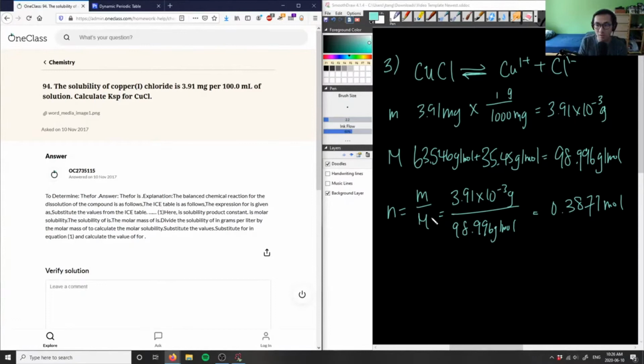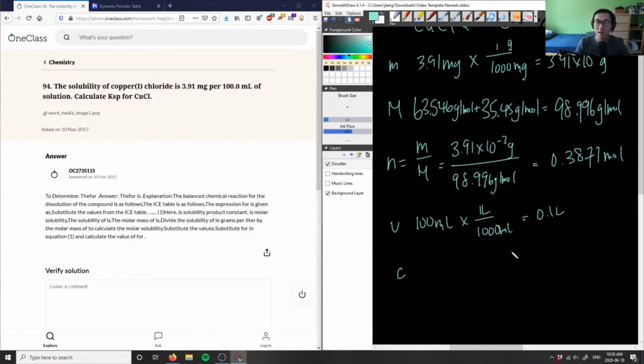Then we can solve for our concentration, right? We have moles, and we have volume, which is 100 milliliters. I can change this into liters by again dividing by 1,000, so this would be 0.1 liters. Concentration is simply moles divided by volume, so 0.3871 divided by 0.1 liters.